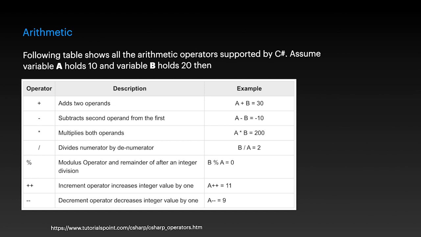For example, subtract: A minus B equals minus 10, because 10 minus 20 equals minus 10, right? Multiply: A multiplied by B equals 200. B divided by A equals 2, right? 20 divided by 10 equals 2.